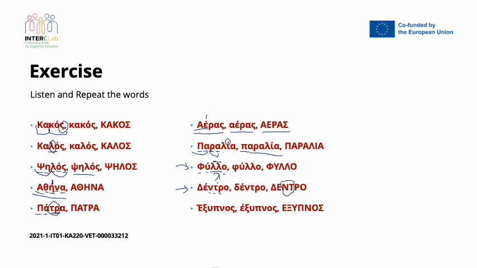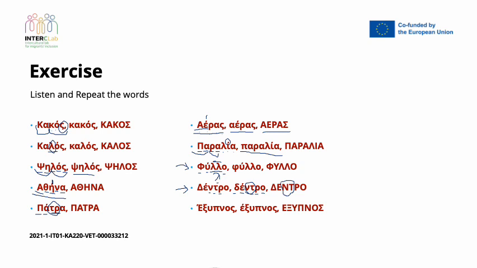So we have e, n, d, r, and o. So altogether it sounds like vendro. This means a tree. It's a bit more difficult to pronounce because we have 3 consonants next to each other. Remember, the first 2 make a combined sound, vendro.